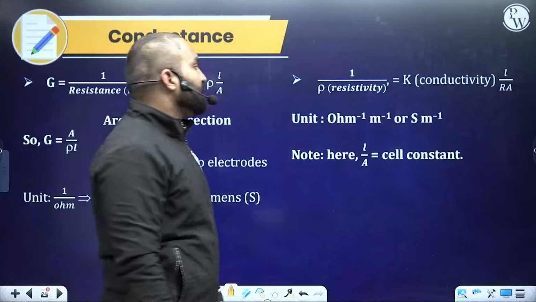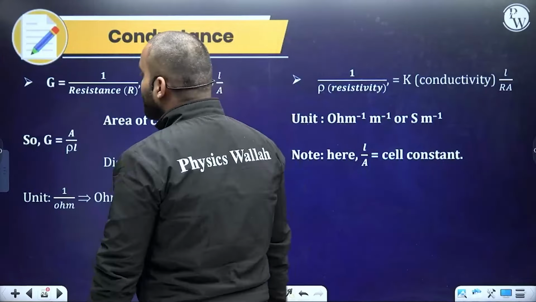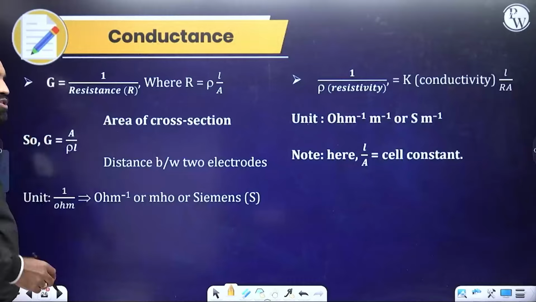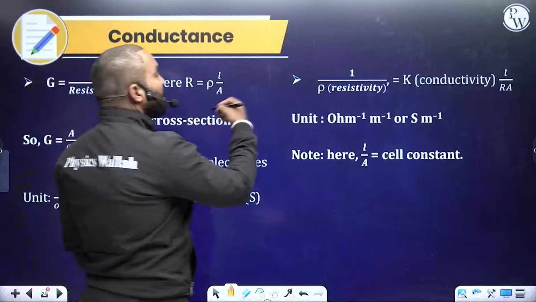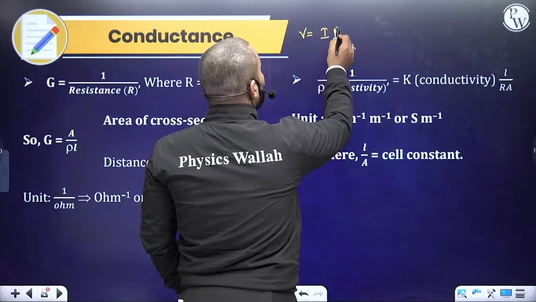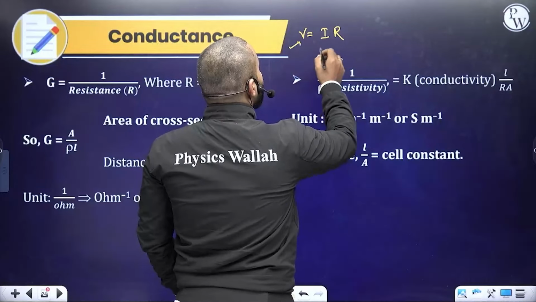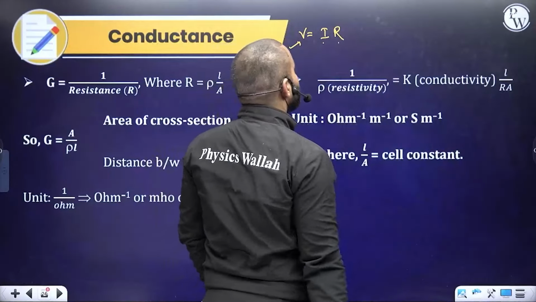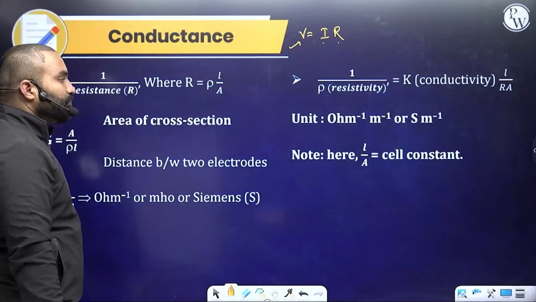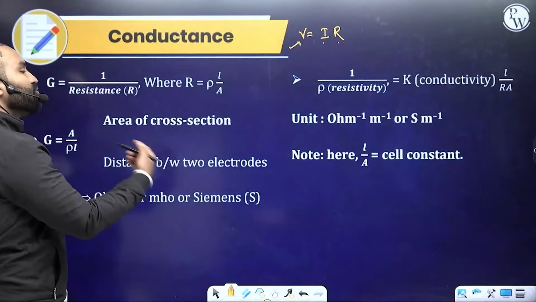Now, for conduction there are various formulas. G represents conductance. G is equal to 1 by R. In our physics also we study V is equal to I into R, where V is voltage, I is current, and R is resistance. So in the electrochemistry chapter, G is the inverse of resistance.